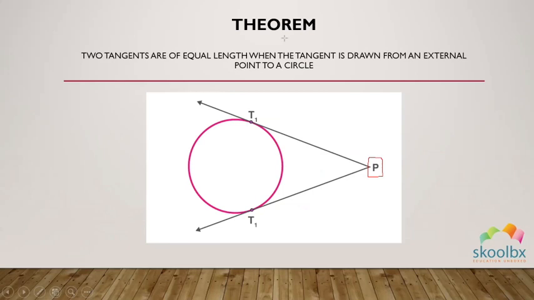You can draw one, of course, but a maximum of two. And both of those tangents will be equal in length. So that fact is pretty important. Those two are equal in length.